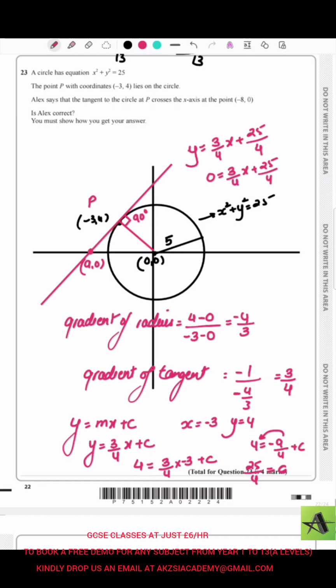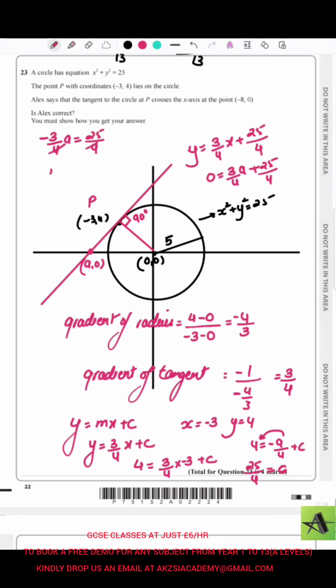So I'll plug in the value of x as a and y as 0. On plugging in, it will give me this. So this will be -3 over 4a equals 25 over 4.